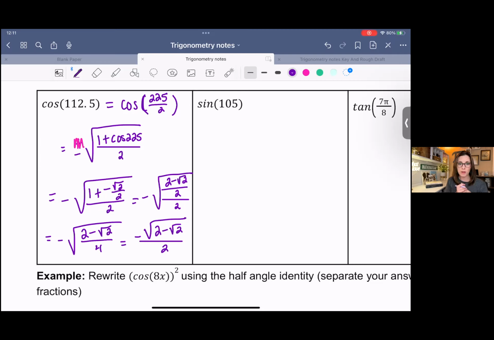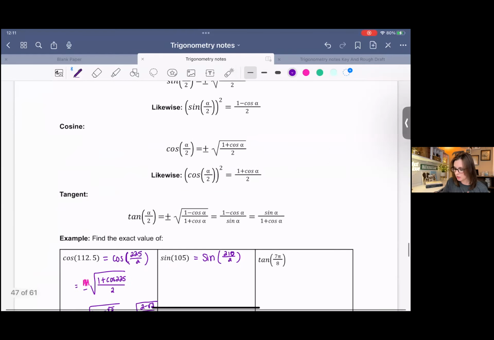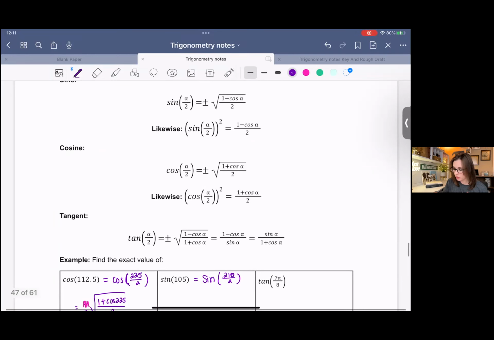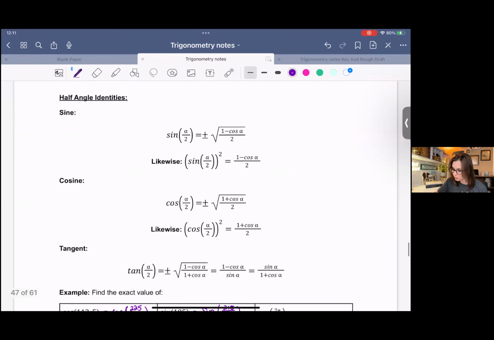All right, for the next one, we have sine of 105. If we double that, we get 210. And 210 is on the unit circle. So now I can use my half-angle identity. We have, where is it? Up here.